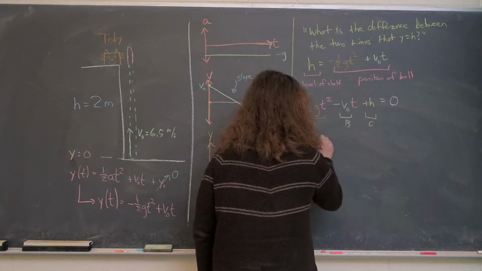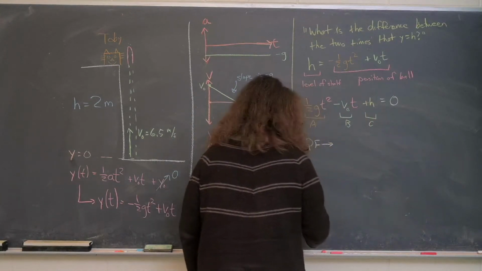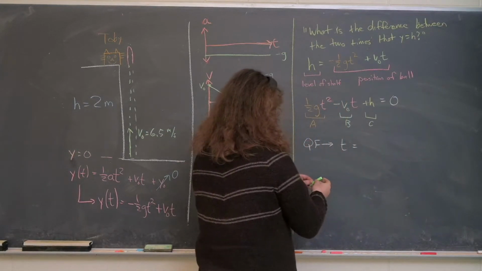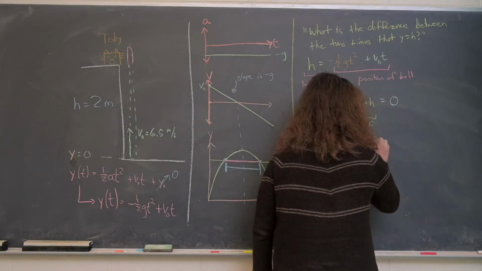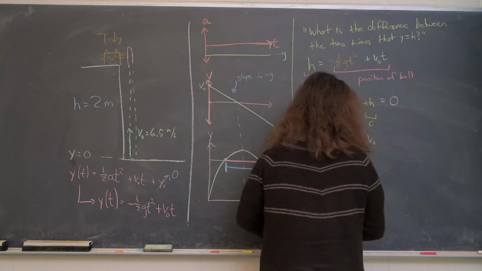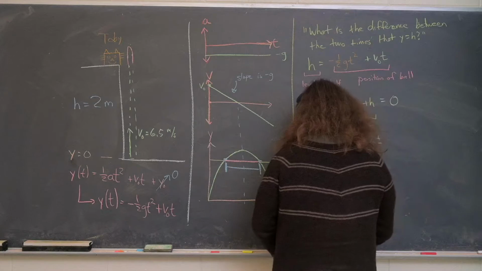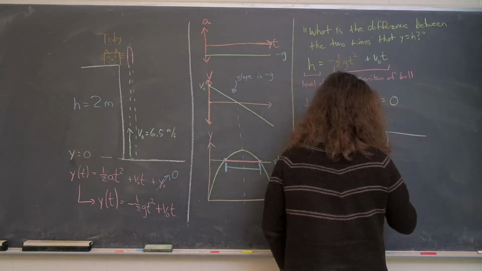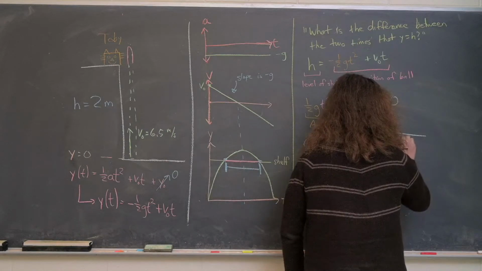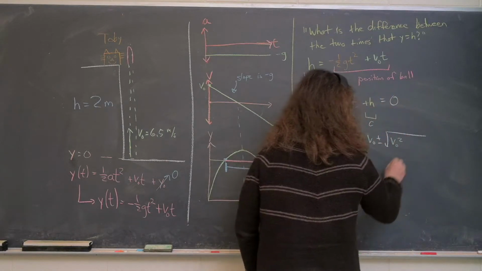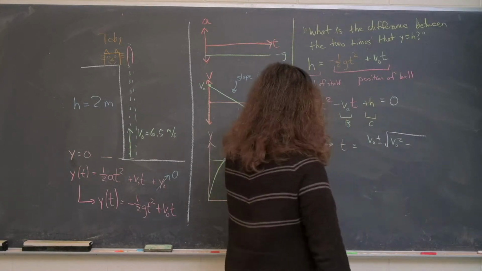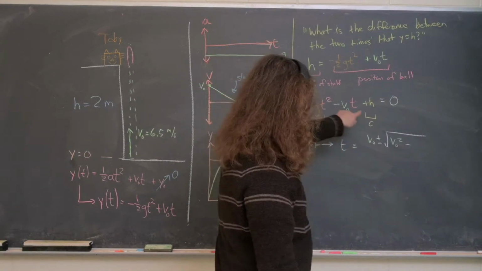So the quadratic formula tells me that the value of the time is, let's see, it's minus B, so I have v naught plus or minus the square root of B squared, so v naught squared, minus 4AC, so minus 4 times 1/2 g times c.